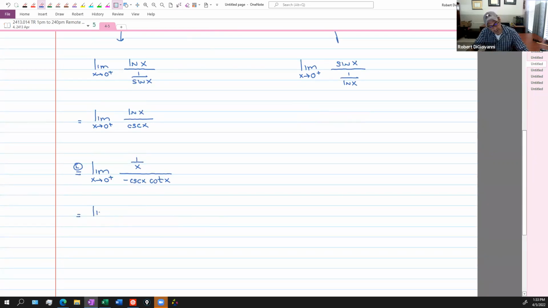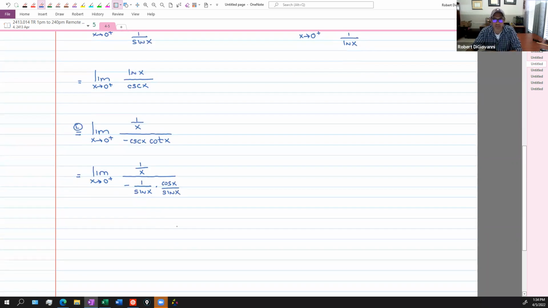All right, all of this is really giving me a headache. So what I'm going to do now to make my life hopefully a little easier is rewrite this as negative 1 over sine x times cotangent. What's cotangent? Isn't that cosine over sine? Because tangent is sine over cosine. So cotangent should be cosine x over sine x.